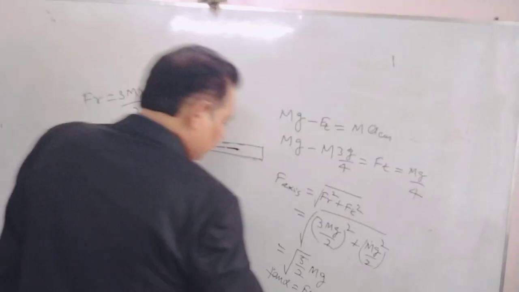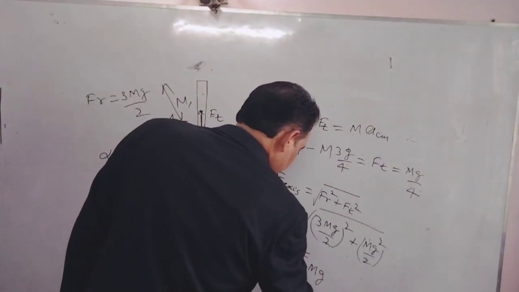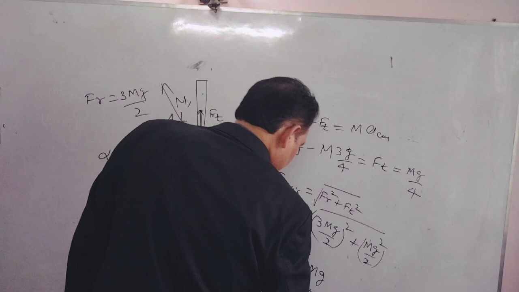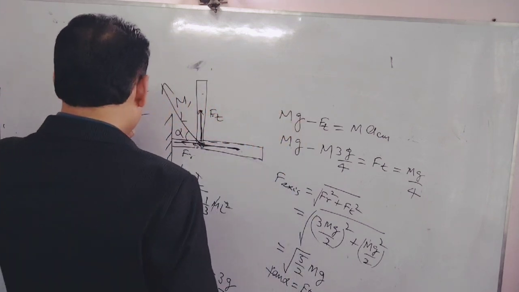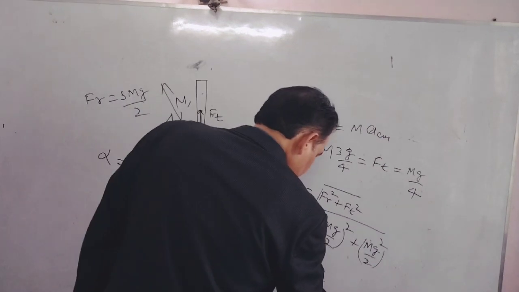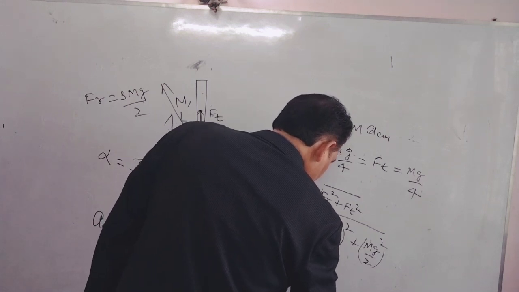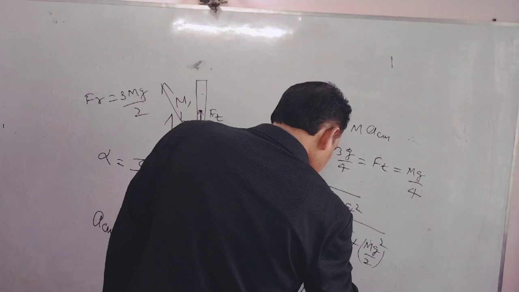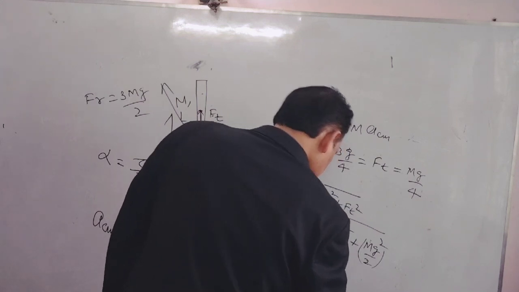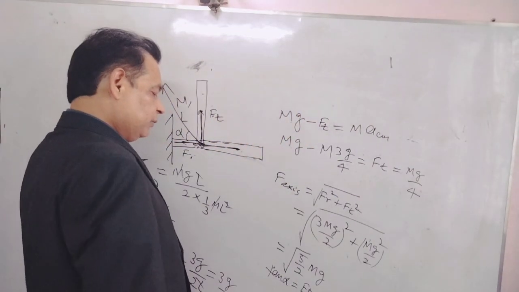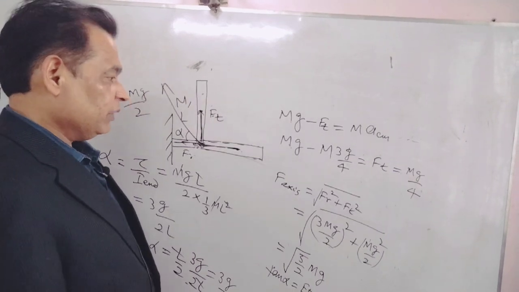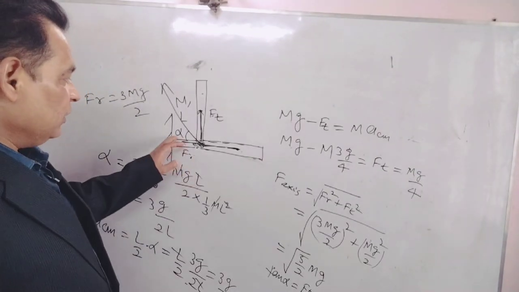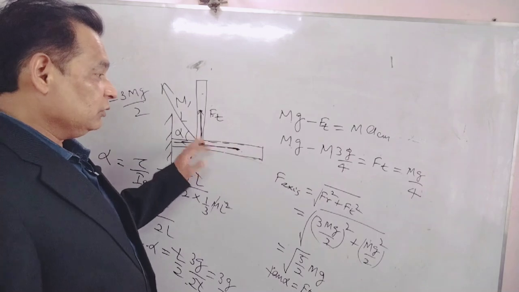Ft is mg by 4 divided by Fr, which is 3 mg by 2. mg cancels. That's 1 by 6. Tan alpha is 1 by 6, so alpha is tan inverse 1 by 6. So this is the magnitude and direction of the force applied by the axis on this rod.